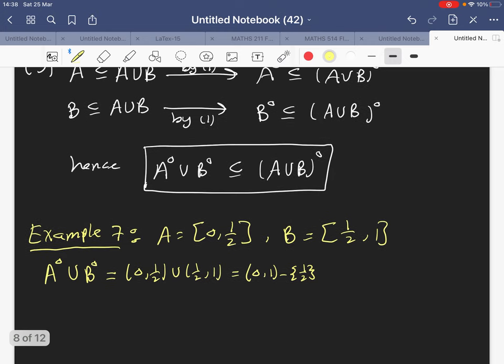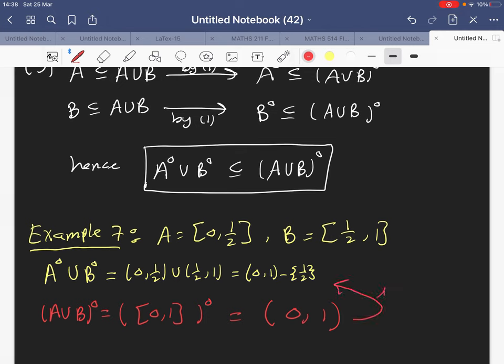However, if we find the union and then we take the interior, the union will be just 0 to 1, and the interior will be the usual interval from 0 to 1, and this shows that they are not necessarily equal. One of them is a subset of the other, but they are not equal, which shows that number 3 is just a strict subset. We can't make it an equality.